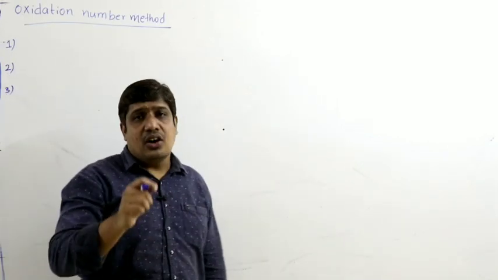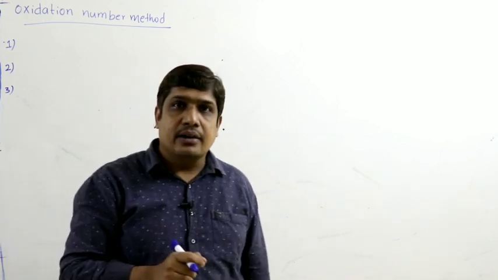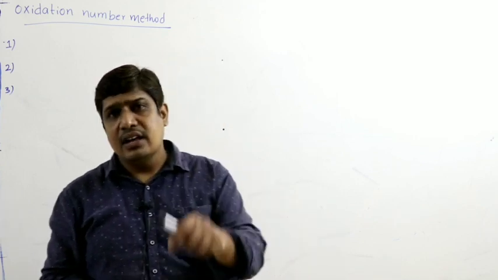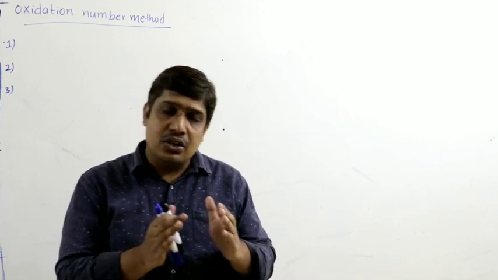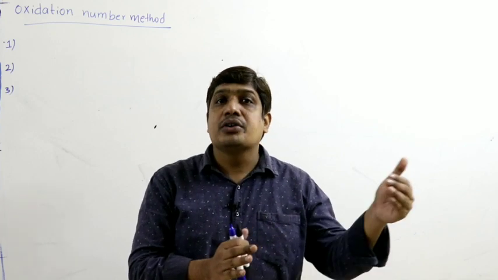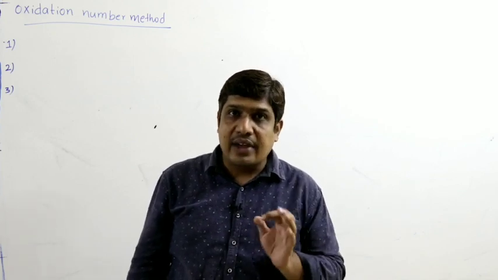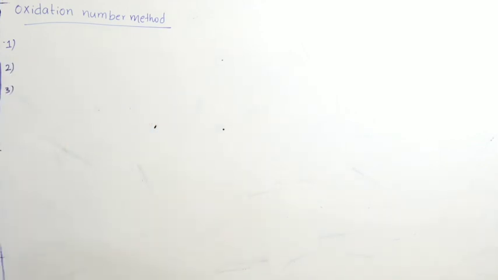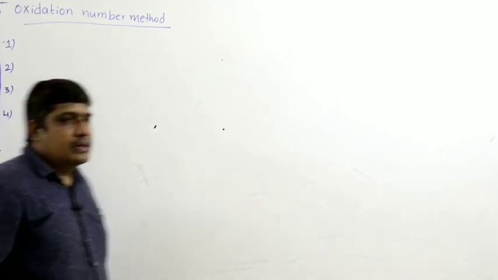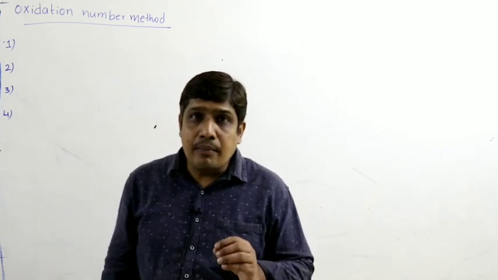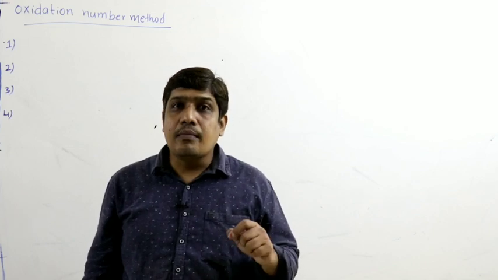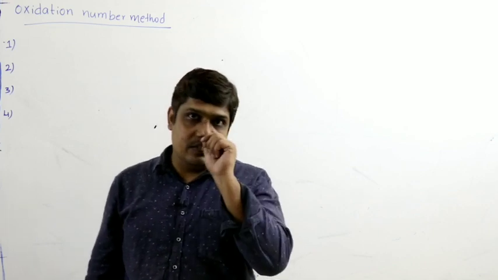Calculate the change in oxidation per atom and molecular ion for both oxidation as well as reduction. You have to calculate the change in oxidation state for both the oxidizing as well as reducing agent. Then the number of units change in oxidation must be equal to the number of units change in reduction.